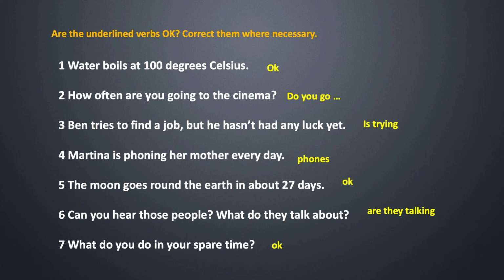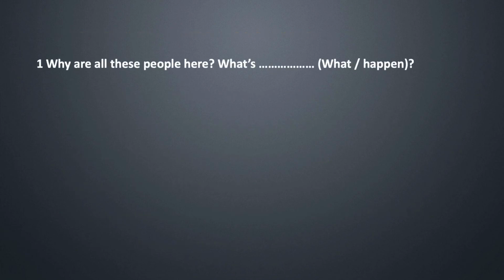Now let's jump to the next activity. In this exercise, I want you to write down the right tense. Should we use simple present tense or present continuous? Let's go. Why are all these people here?